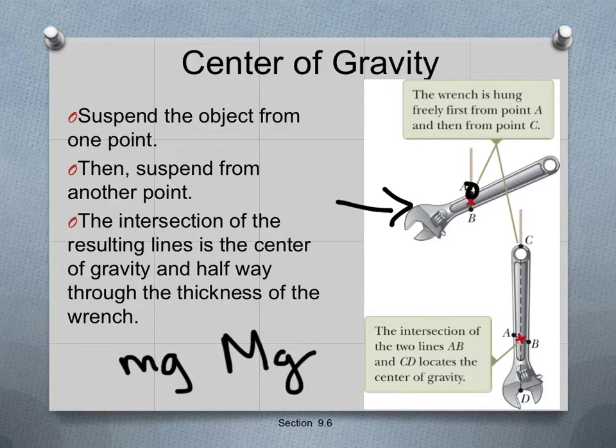At first we suspended it at A, and now the next point we suspend it from is point C. We find the intersection of the resulting lines, the intersection between where I first freely hung the wrench at A and where I hung it from C, and that intersection is my center of gravity. So finding the center of gravity is a relatively easy process for different objects.